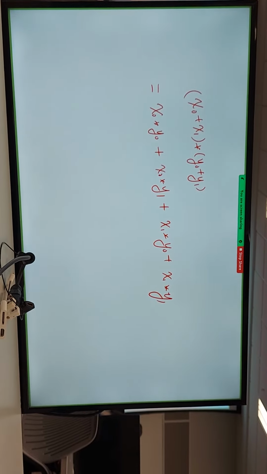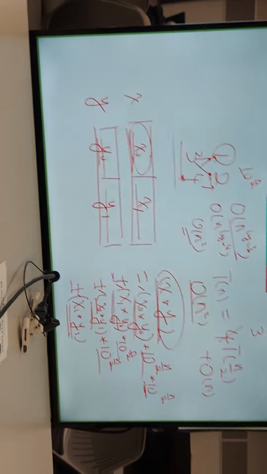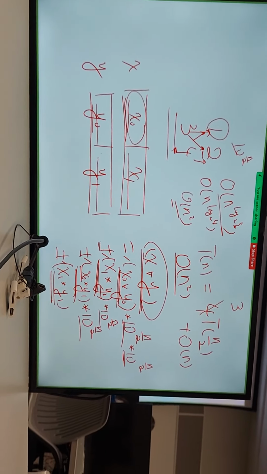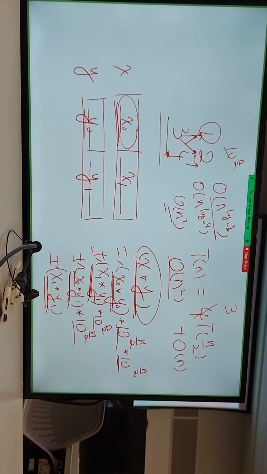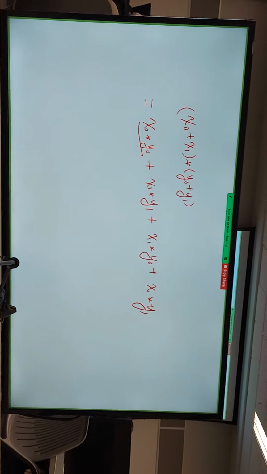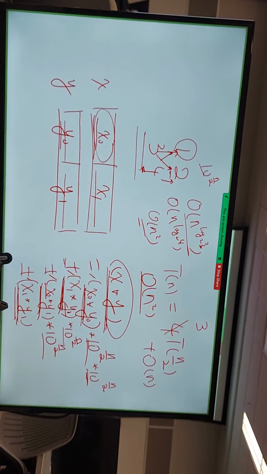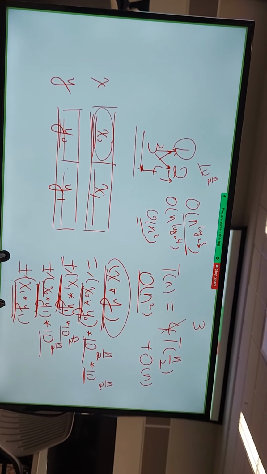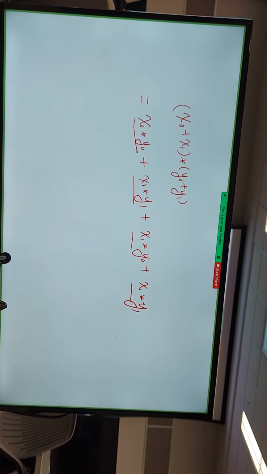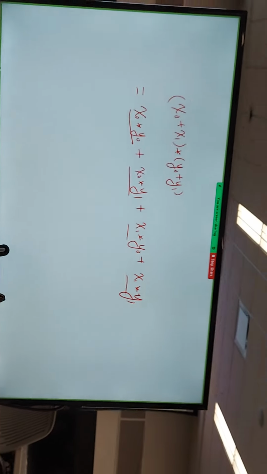If you compare to what we had before, we would need these 4 subproblems: x0 times y0, x1 times y0, x0 times y1, and x1 times y1. All these 4 subproblems are what we need to solve in the original naive algorithm.